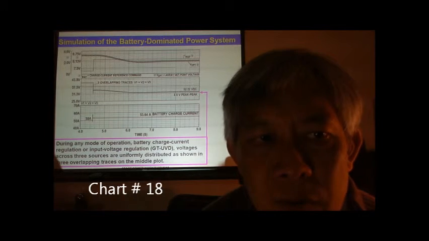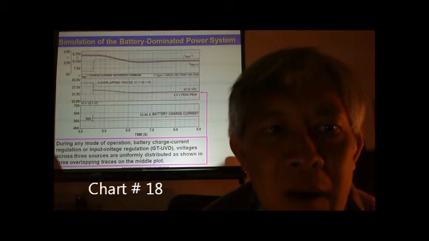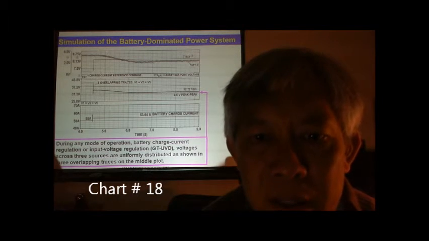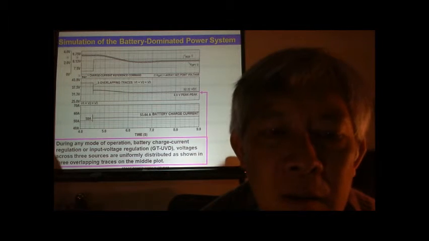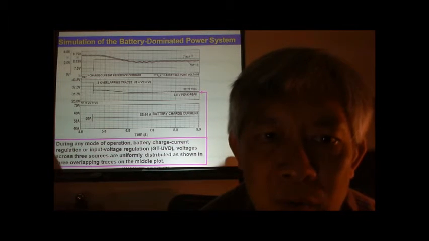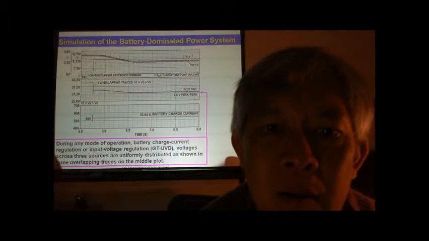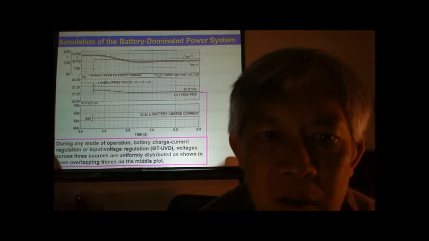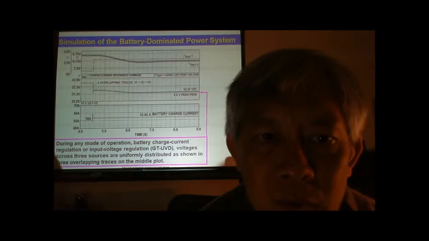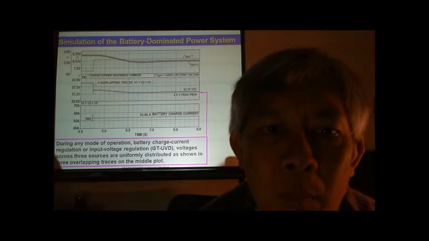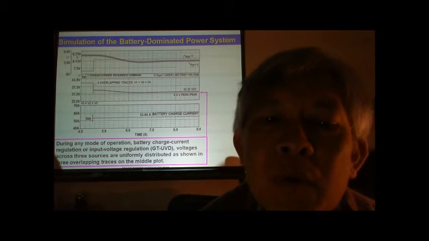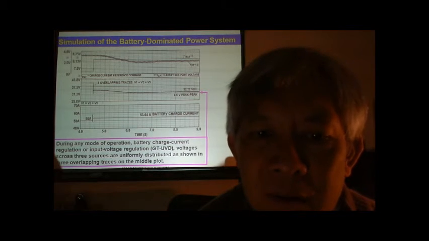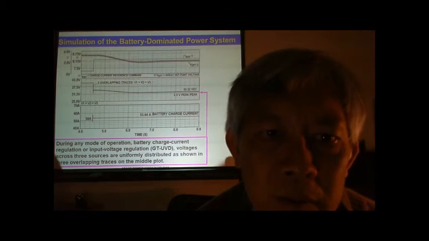This slide shows a similar simulation of the battery dominated power system, emphasizing the operation in maximum power tracking mode when the sourcing voltage settles at around 32 volts with 0.5 volts peak-to-peak ripple of 20 Hz signal superimposed on 32 volt DC.